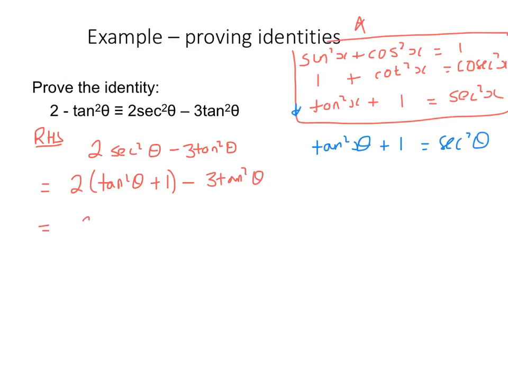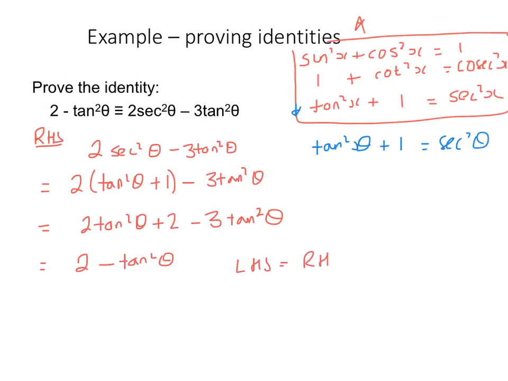Expanding the bracket will give 2 tan squared theta plus 2 minus 3 tan squared theta, which will simplify down to give me 2 tan squared minus 3 tan squared is minus 1 tan squared theta. So therefore my left hand side equals my right hand side. It's been proved.